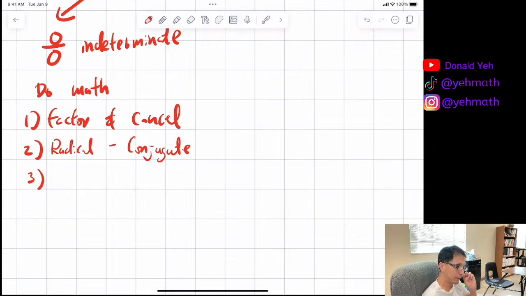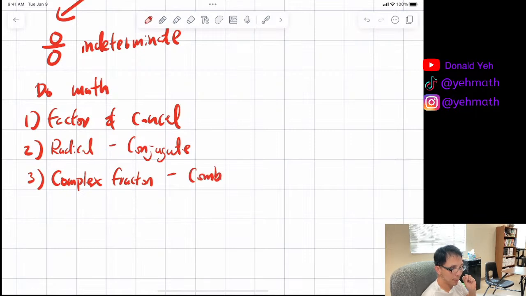Number 3, you can do complex fractions. If you see a complex fraction, usually just combine fractions. It's called combining fractions. And we're going to talk about that. Number 4, you're going to see an absolute value.